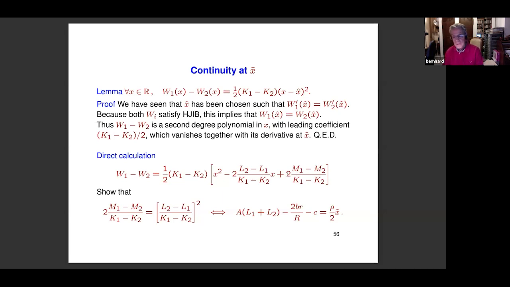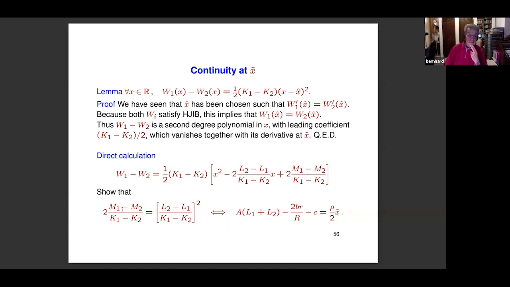So you are left with showing that this last term, 2 (m1 minus m2) over (k1 minus k2), is equal to x hat squared, that is, (L2 minus L1) over (k1 minus k2) squared. But this is not so complicated because you have a k1 minus k2 that you can drop off on both sides.